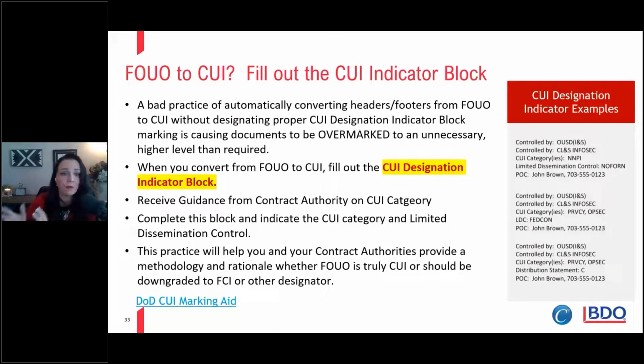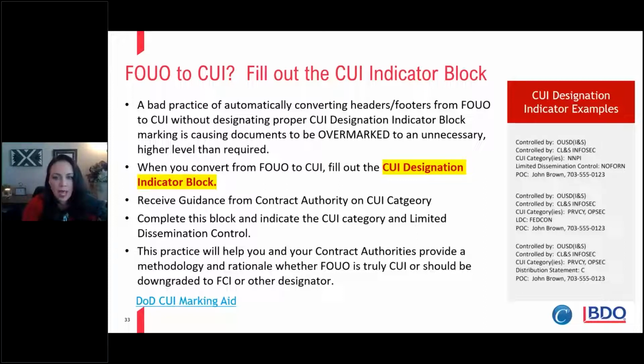As you go from something like FOUO to CUI, let's say it was a contract or a document related to a contract award, the first thing you should do is fill out the designation indicator block. I have some examples on the right. These are just some general examples of designation indicator blocks, and you'll see the information under the CUI categories.